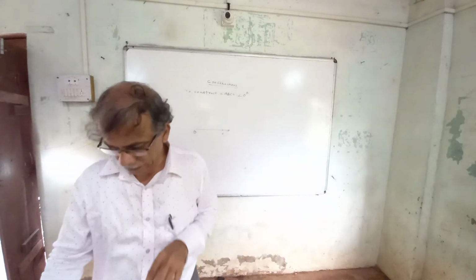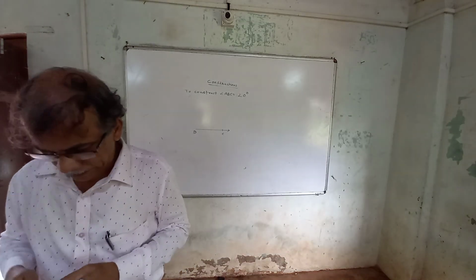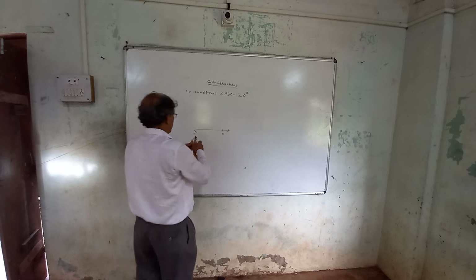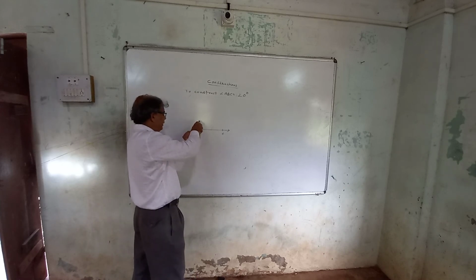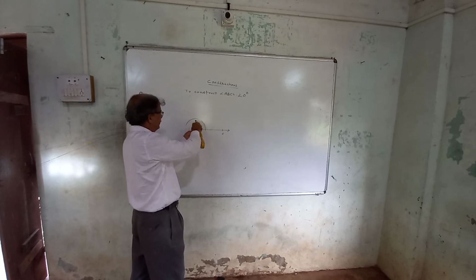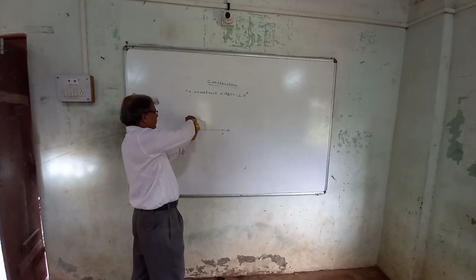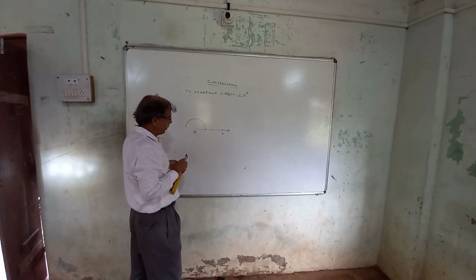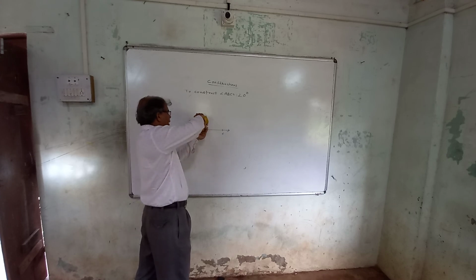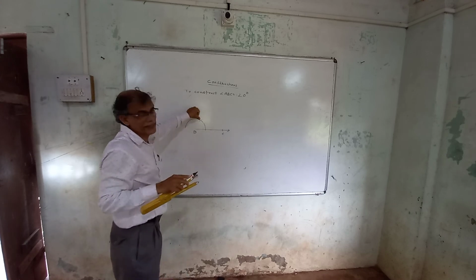And here you have to construct how many degrees? 120. So you take the compass, keep it on B and draw the arc like this. Draw the full arc, okay? Now what do you do? With the same distance you keep it here, we mark a point here. This makes how many degrees?